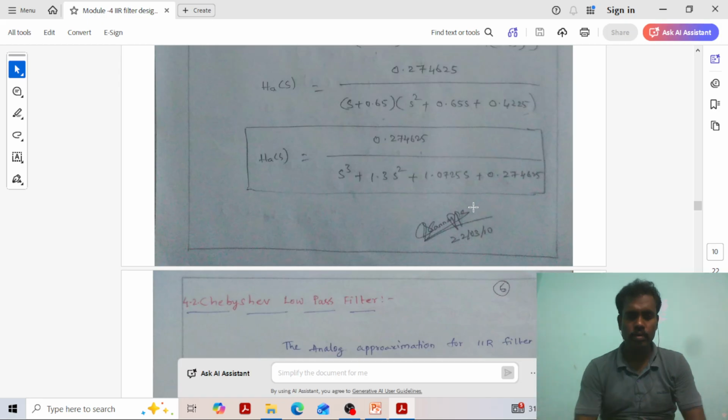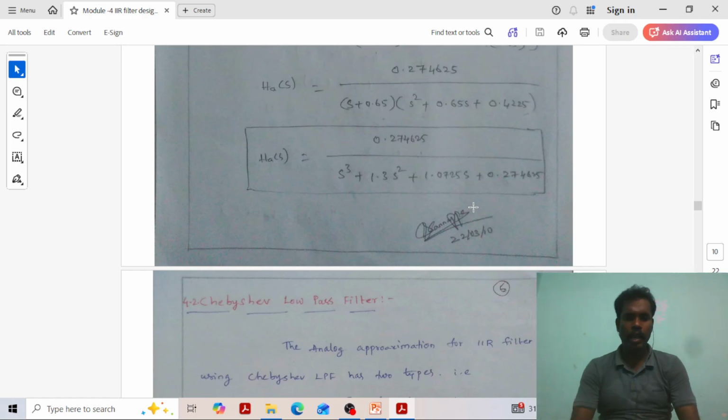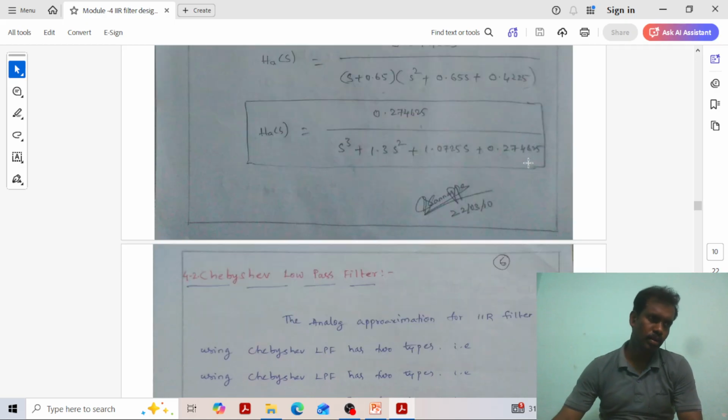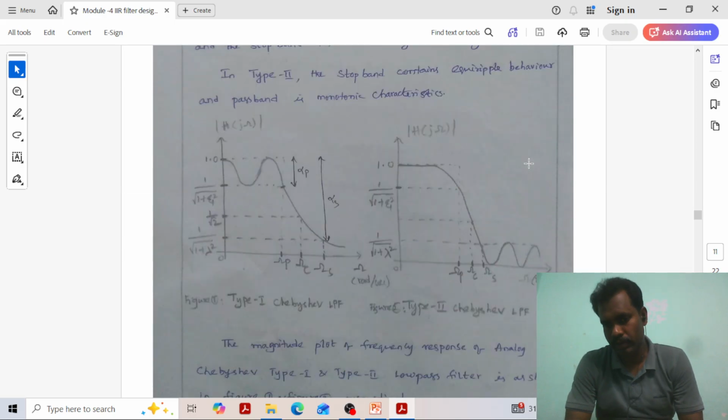So now let's see the design of high pass filter, band pass filter and band stop filter by using Butterworth. Right? So we need some kind of frequency transformation. Basically, we'll calculate the low pass filter, and then that can be converted into a high pass filter.